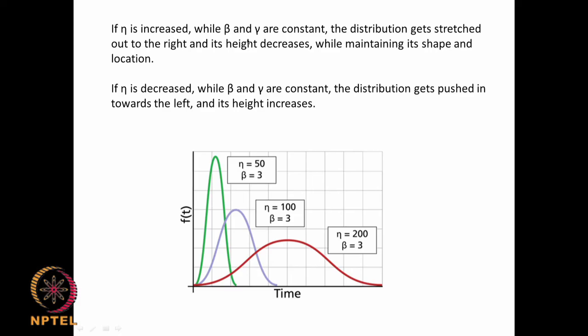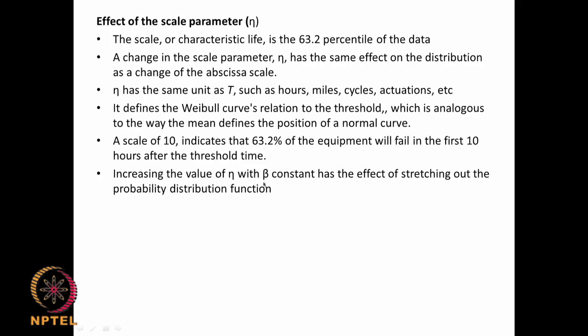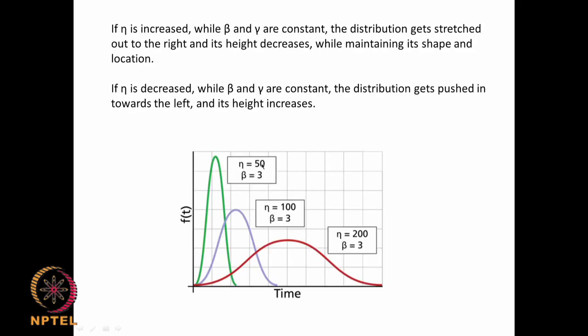So, if eta is increased while beta and gamma are kept constant, the distribution gets stretched out to the right. Okay, as you can see in this picture, right. So, we have beta equal to 3, eta equal to 50, that means 63.2% of the equipment will fail in 50 time units.